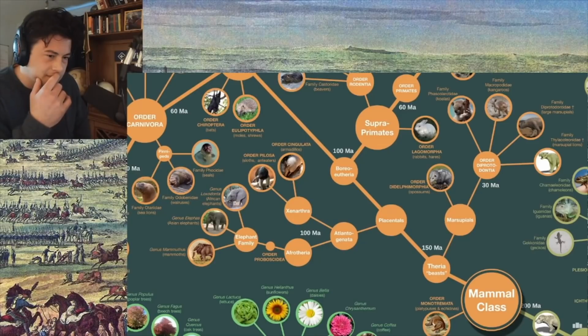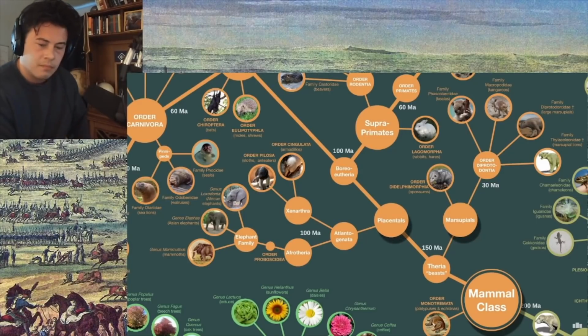For example, today we only find marsupials in the Americas and in Australia. Marsupials, such as the kangaroo or opossum, grow their babies in a pouch, whereas placentals have a placenta and are thus able to grow their babies inside and give birth to them when they are more well developed.